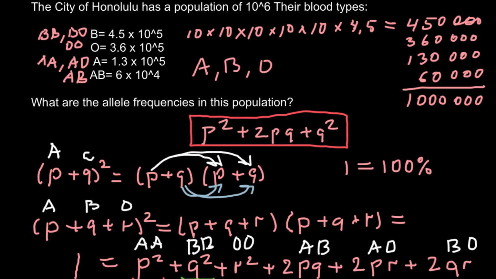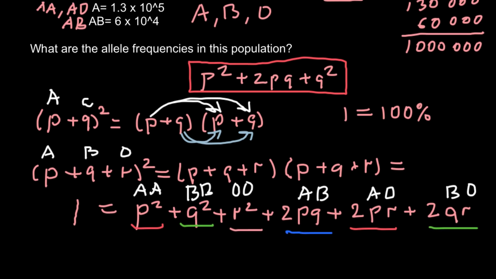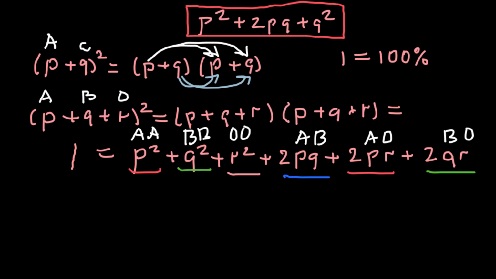So if we divide 360,000 by 1 million, we are going to get a frequency of this genotype that is going to be 0.36. This is going to be the frequency of the blood group O phenotype. So now we can put this number in our formula. Once again, in our formula, blood group O is represented by R squared.